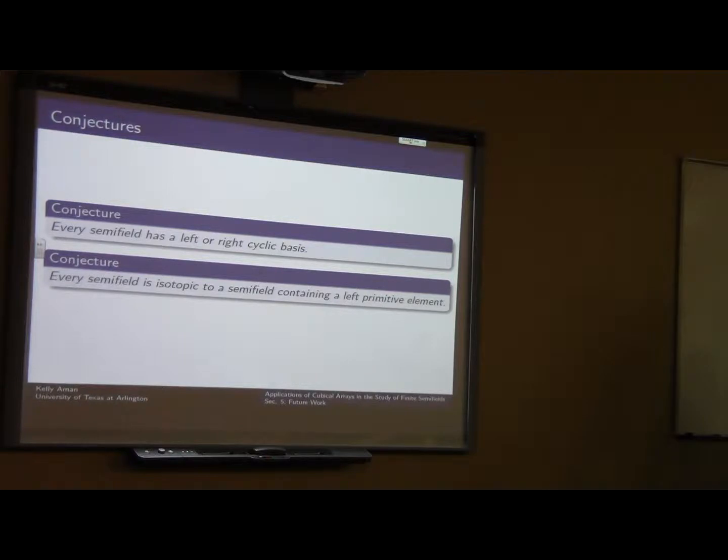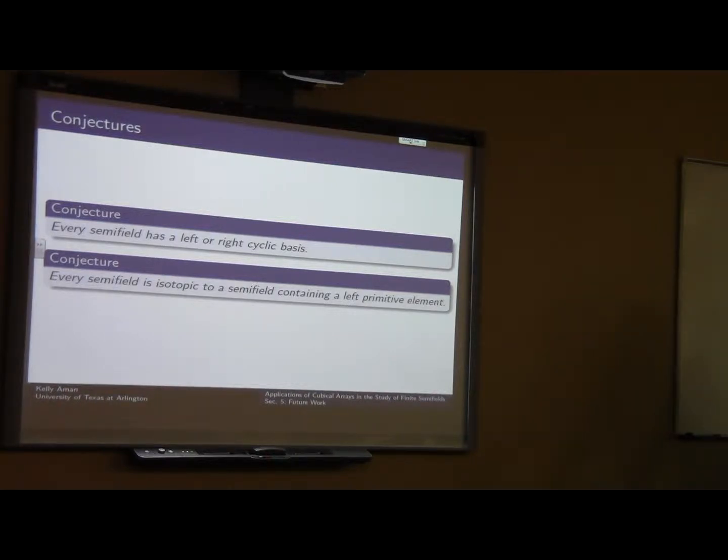Normally when people look at the geometry of these things, they're specifically looking at properties of the plane, not so much of the elements of the semifield, but maybe the general way you can define the product of the semifield. I don't know if that's been looked at, but I'm thinking I can do it just using cubical arrays.